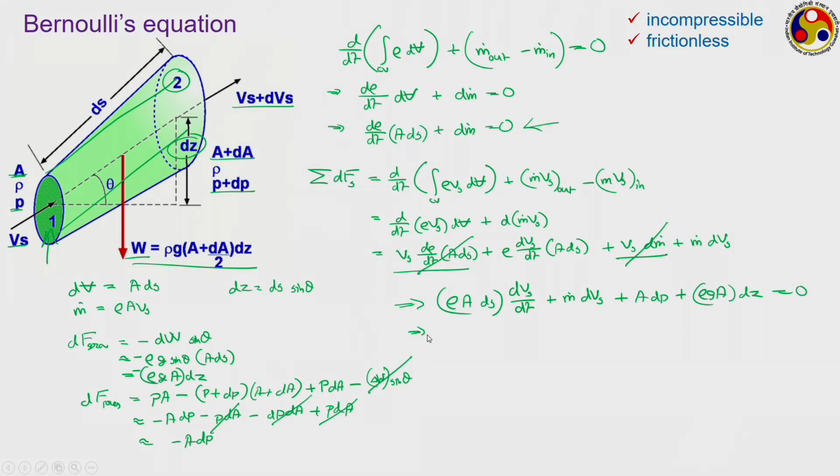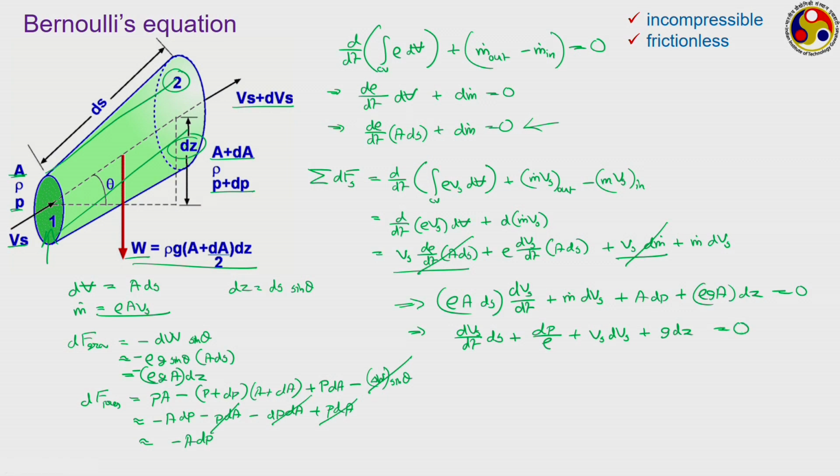If we divide everything by this rho A, so we have dVs/dt ds plus dP by rho plus, remember m dot is given by rho A Vs. So from there it is just Vs dVs plus g dz equal to 0.